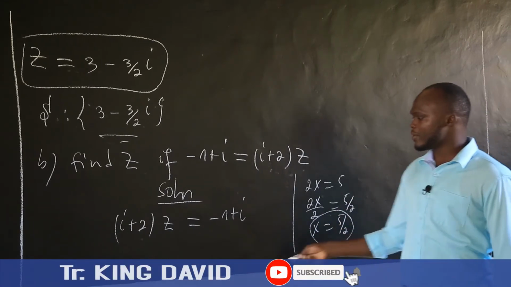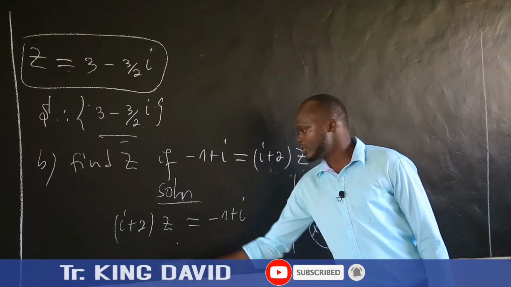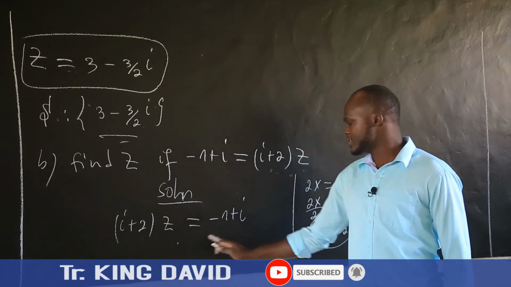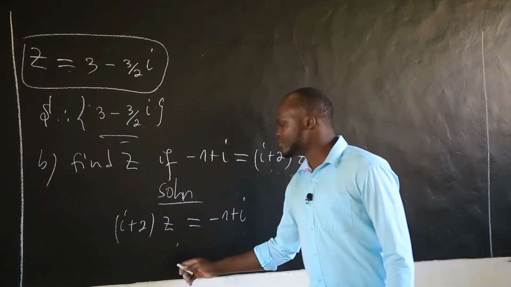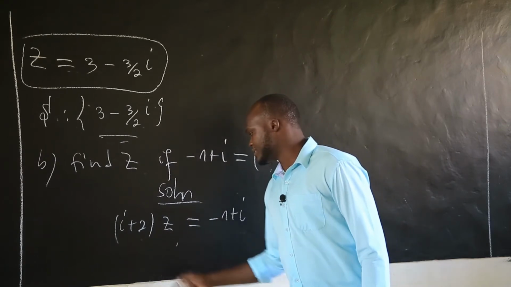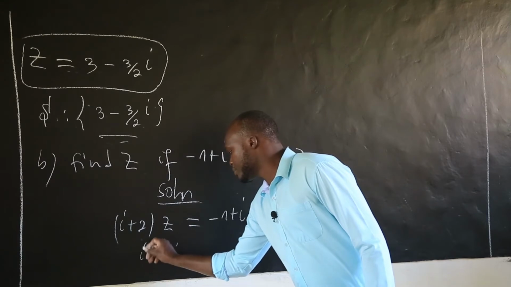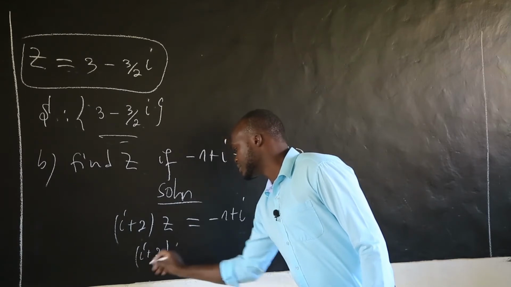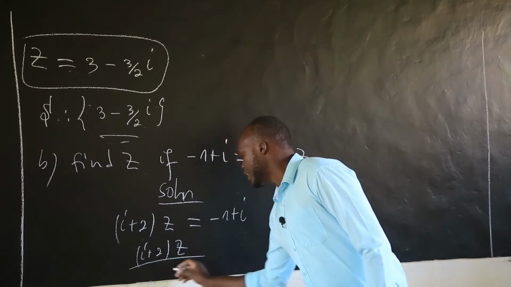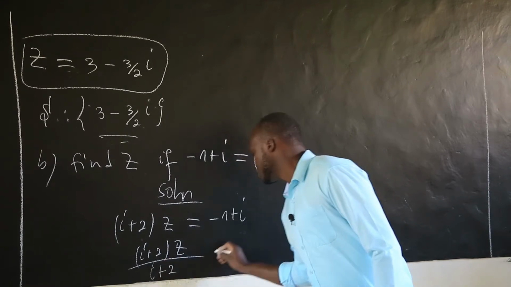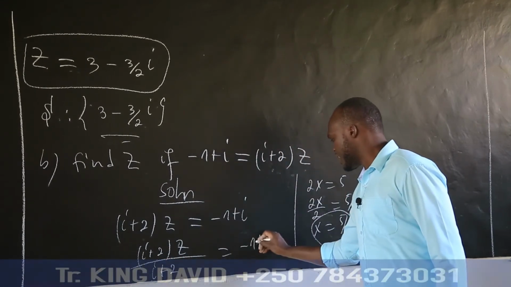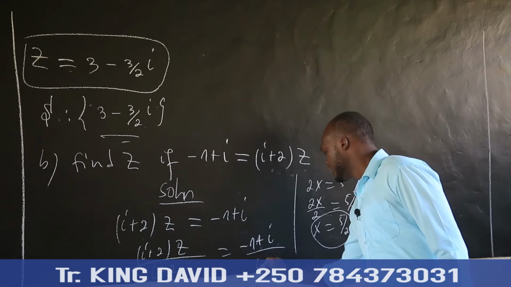It is the same way here, so let's divide both sides by I plus 2. So I plus 2 into bracket Z divided by I plus 2 equal to negative 1 plus I divided by I plus 2.